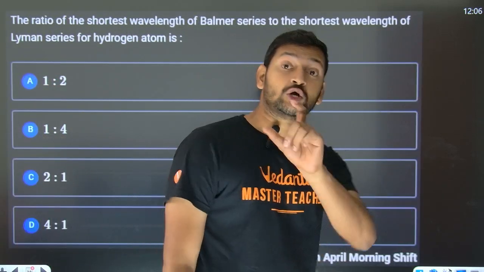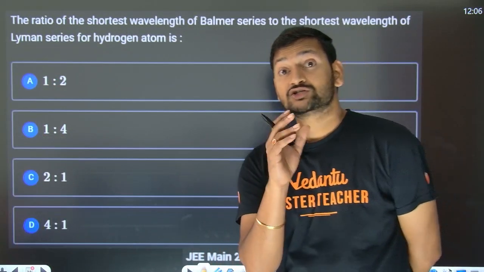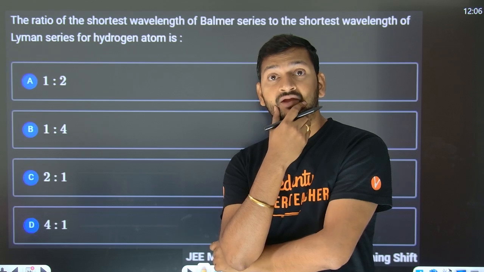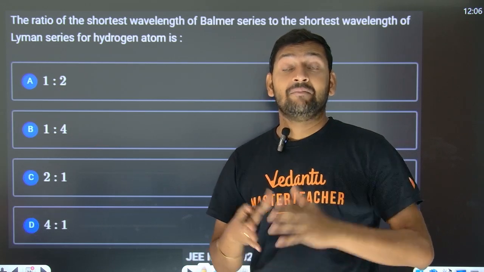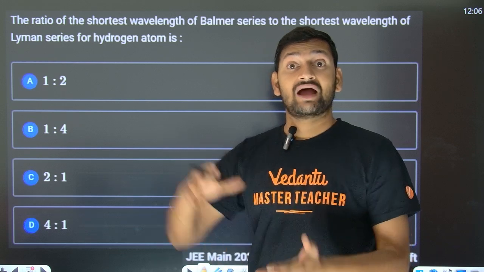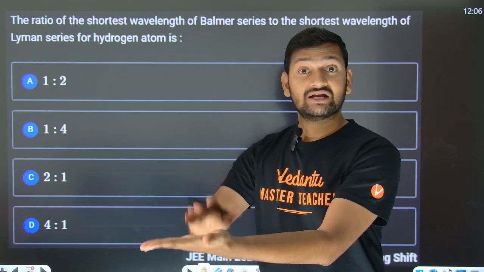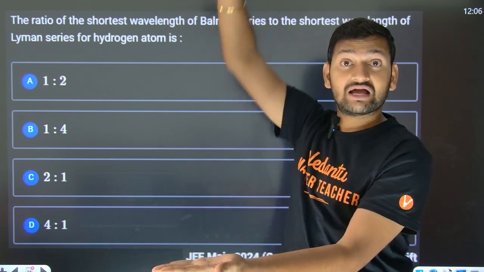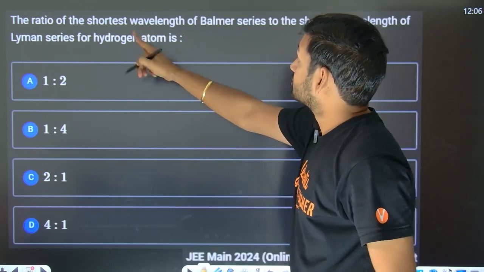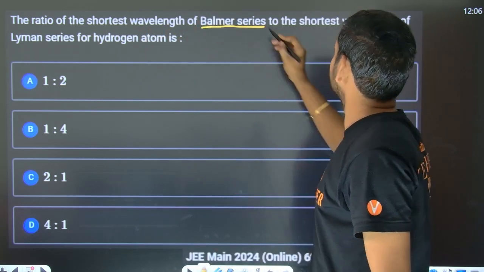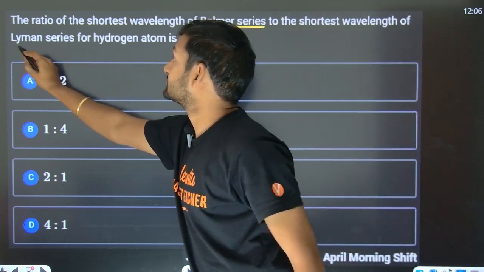Ratio of shortest wavelength. Whenever they say shortest wavelength, it means maximum energy photon. Maximum energy photon means maximum energy gap. So from a particular level, maximum energy gap will be with the level which is at infinity. So, ratio of shortest wavelength in Balmer series to that in Lyman series.